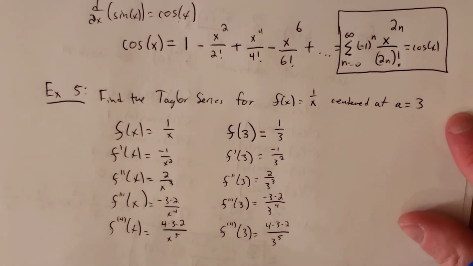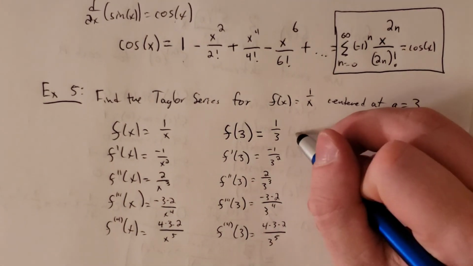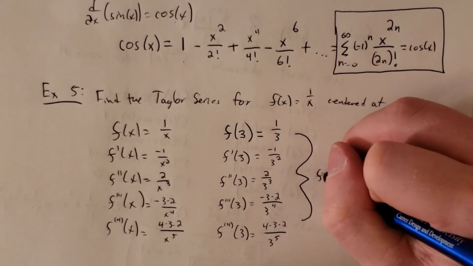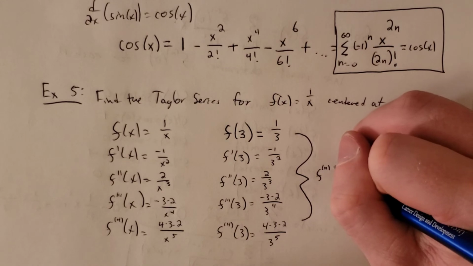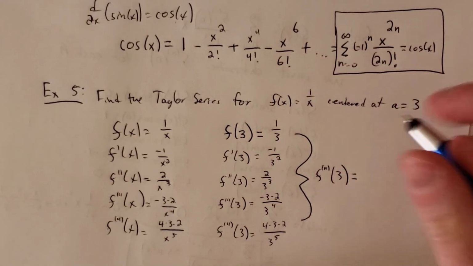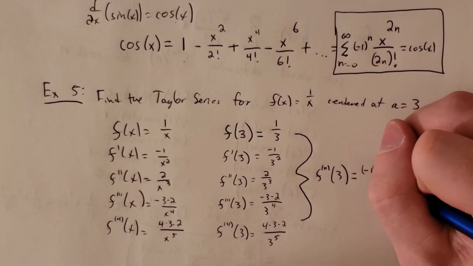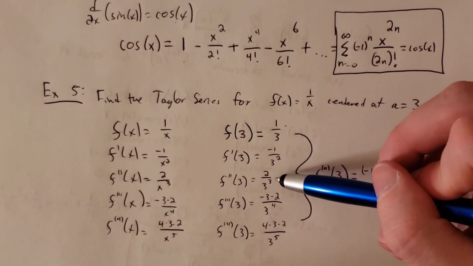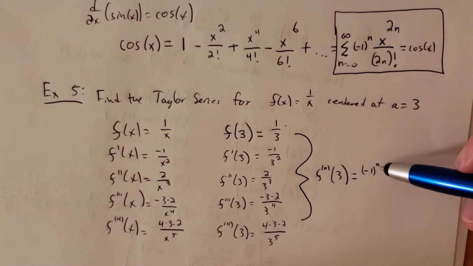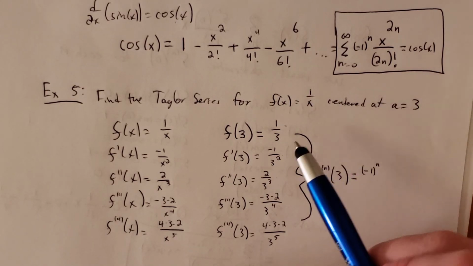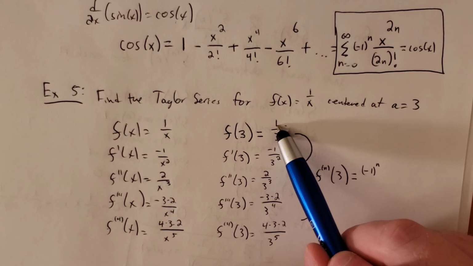Okay. Now, what do we do with all of that? Well, we'll put all of this together. And the nth derivative of f evaluated at 3 is, in fact, negative 1 to the nth power, right? Because we start positive, then we go negative, positive, and then negative, and we're starting at n equals 0. And if we start at n equals 0, this is 1, which is 0 factorial.